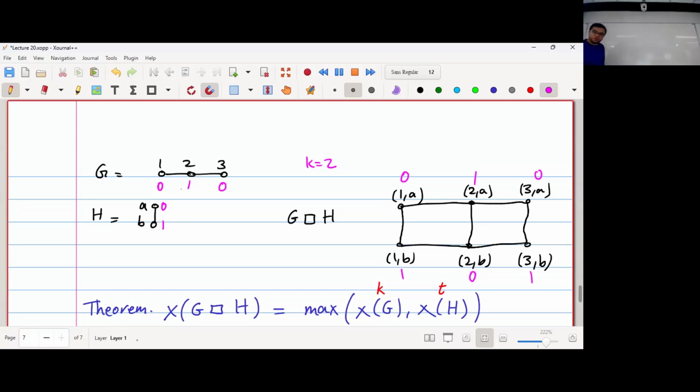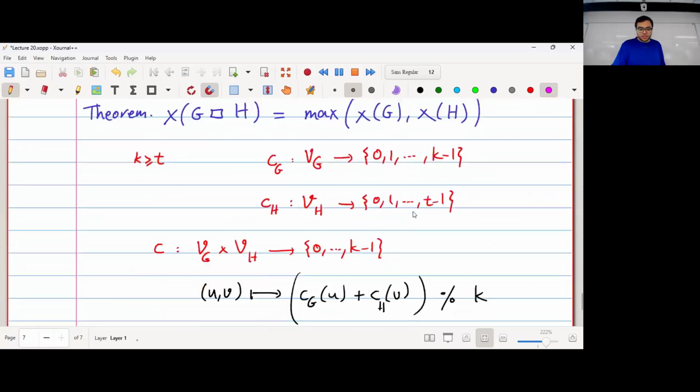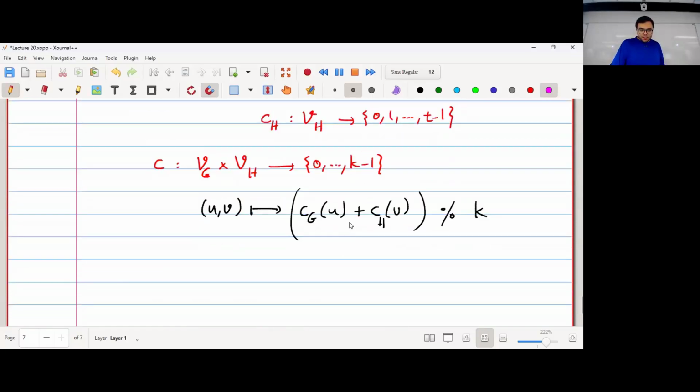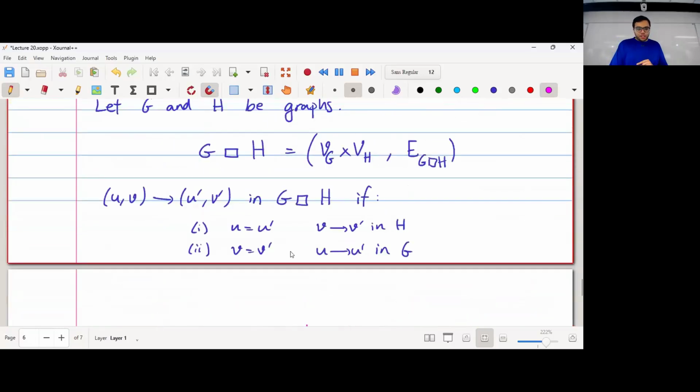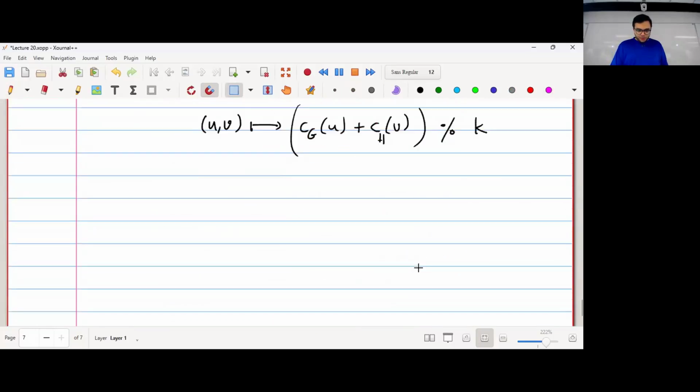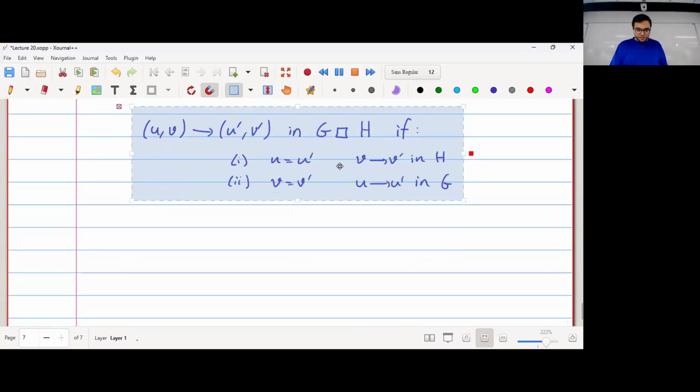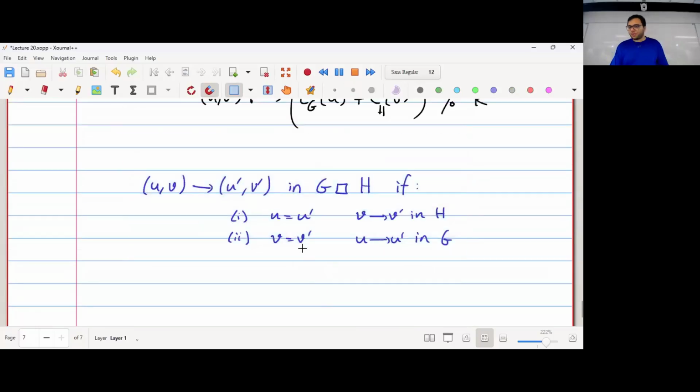Okay. So at least on this simple example, it seems to work. It seems that every 2 neighboring vertices are getting different colors. But why does this hold in general? Because we can go back to our definition. We said that there is an edge from UV to U prime V prime if one of these 2 cases happens.